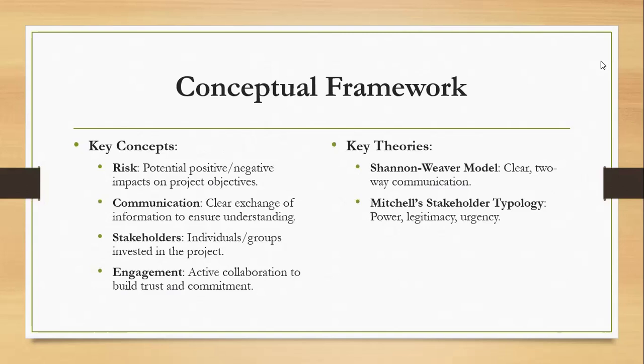Next is communication, which is the process of sharing information clearly so that everyone understands. For managing risks, communication ensures that all stakeholders know what risks exist and what steps are being taken to handle them.